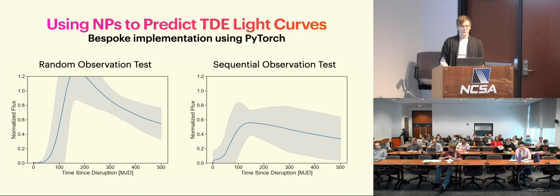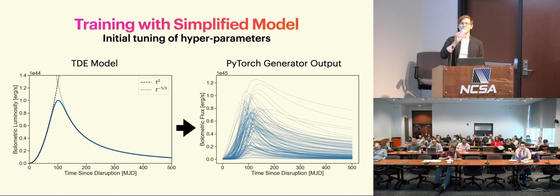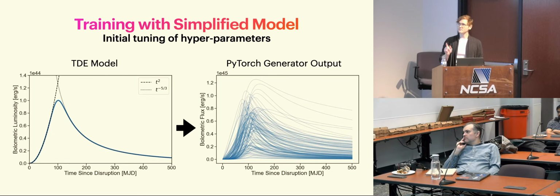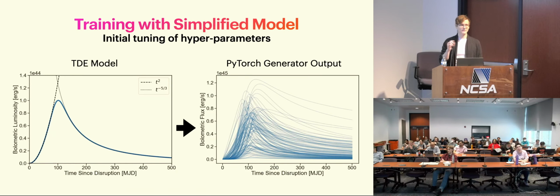Yeah, go ahead. On the power and the power law, is that based on physics or is that just? Well, so the fallback is based on physics, assuming the mass accretion rate onto the black hole. The t to the minus 5/3 does have its origins in the accretion disk process and how the matter is accreted.